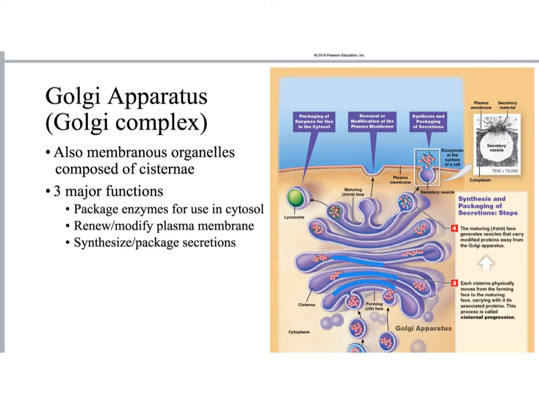Sometimes they are packaged with enzymes that are needed to activate the proteins or hormones. But what you get in the end, after they've gone through the cisternae, is a ready for release package, typically in a vesicle, and then that vesicle will travel to the plasma membrane. It will fuse with the plasma membrane, and you will get exocytosis of that protein, for example, that was made.